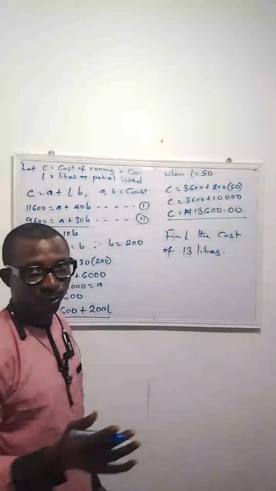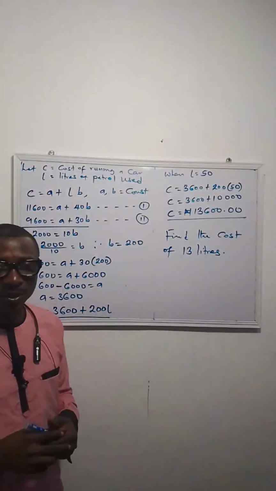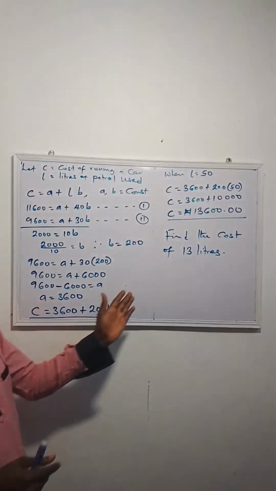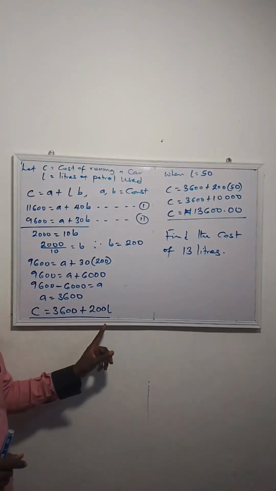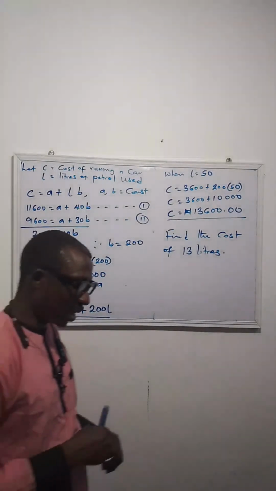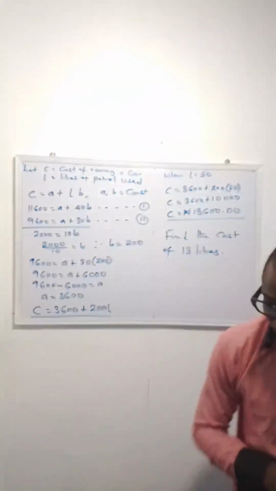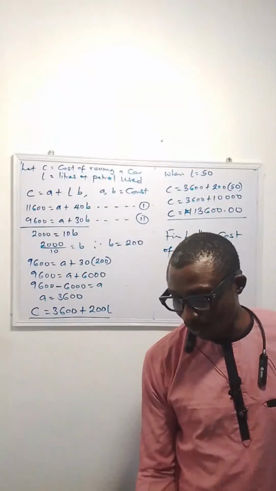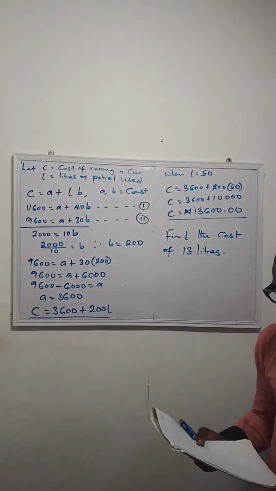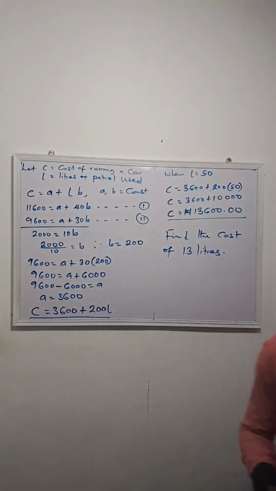Do this and drop your answer in the comment section. What is going to be the cost of 13 liters, making use of this connecting formula? Can we quickly do that and drop the answer in the comment section? I want to believe we are smart enough to do that in a very short time. Let's do that.